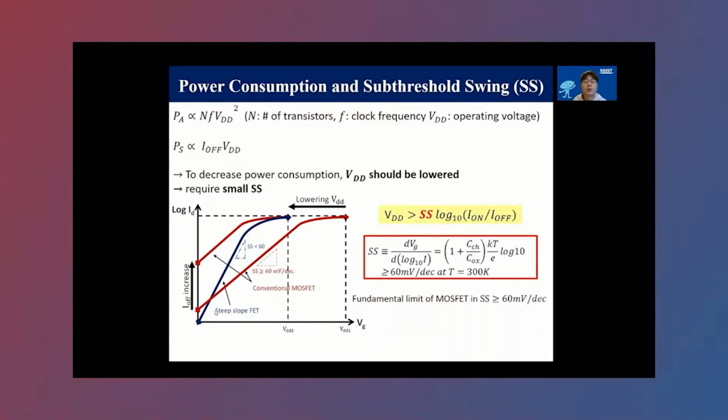But in the case of MOSFETs, the conventional transistors you have been using in Moore's law, the subthreshold swing, the inverse slope of the IV characteristic curve, has limitations. It cannot be lowered below 60 millivolts per decade. So alternate transistors are required to reduce this subthreshold swing below 60 millivolts per decade.